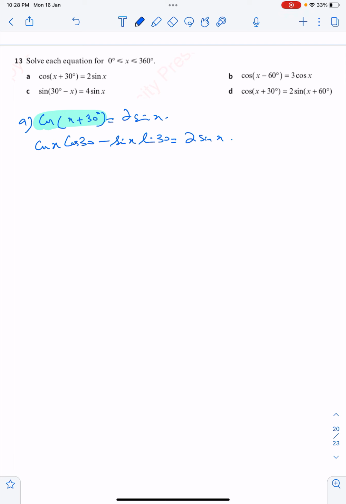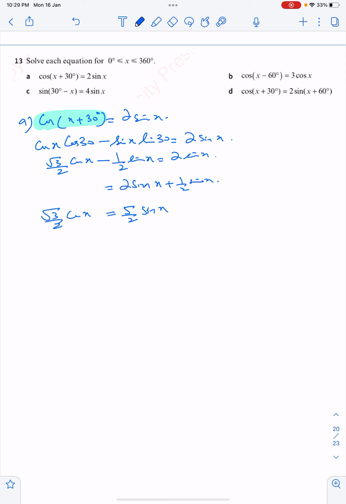Cos of 30 is root 3 upon 2 times cos of x minus sine of 30, which is half times sine of x, equals 2 sine of x. If I bring all the terms with sine x to one side, 2 sine of x plus half sine of x will become 5 upon 2 sine of x equals root 3 upon 2 cos of x.